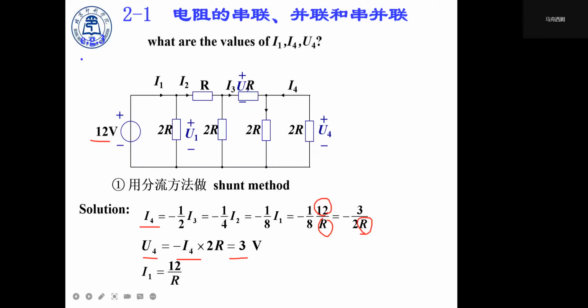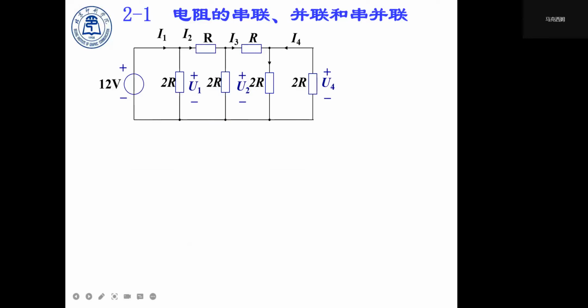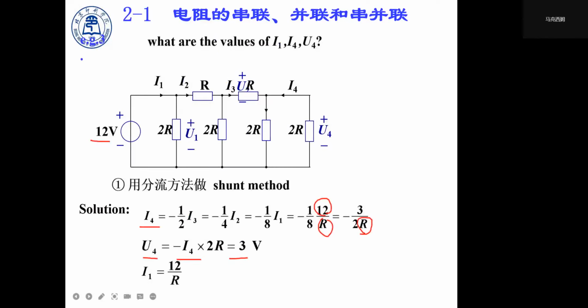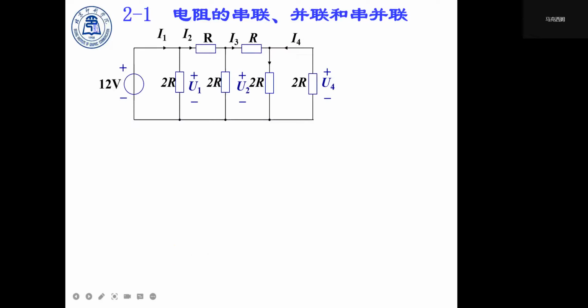So this is I1, I4, I3. This is the first method we have to calculate the wanted I1, I4, U4 for the current and voltage.